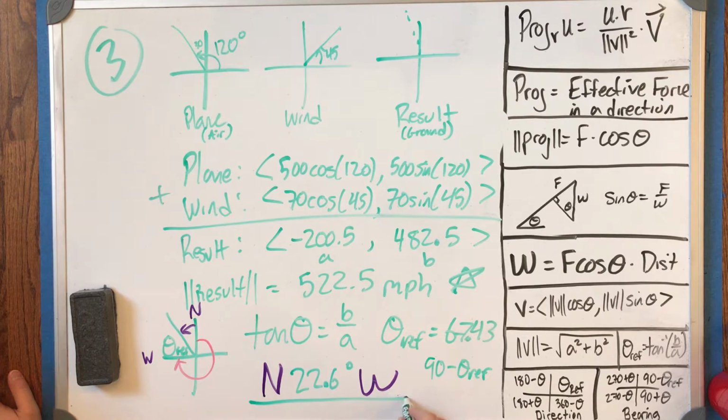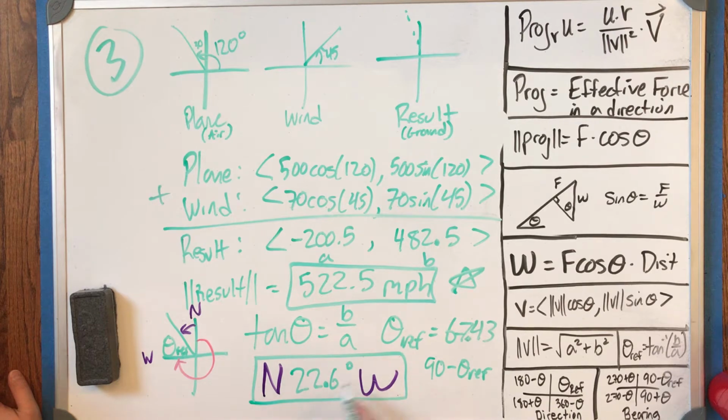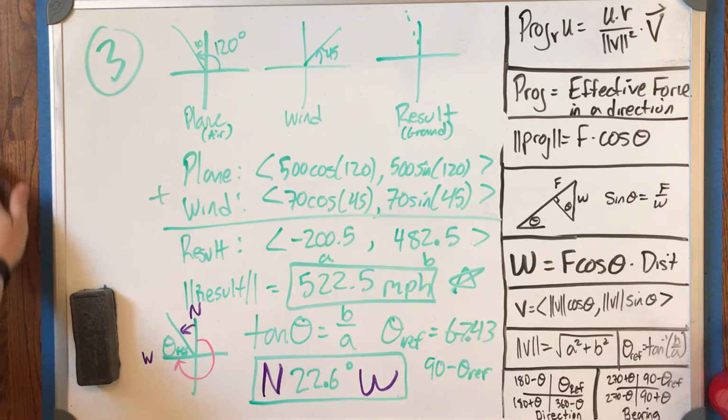So this is the fancy bearing. This is the ground speed. And if I wanted to do the non-fancy bearing, I would have just done 270 plus that theta value. And that would be how I get a bearing in the second quadrant. Hope that made some sort of sense to you.